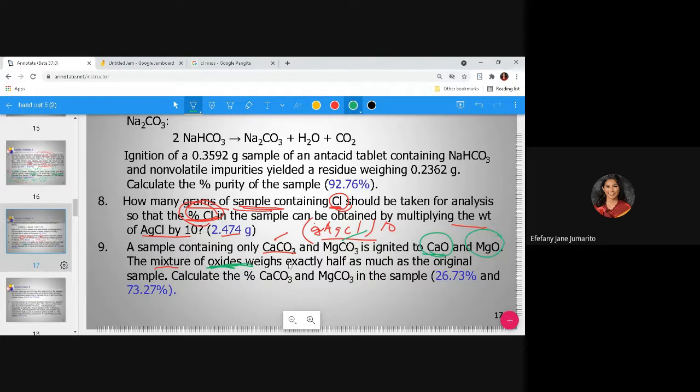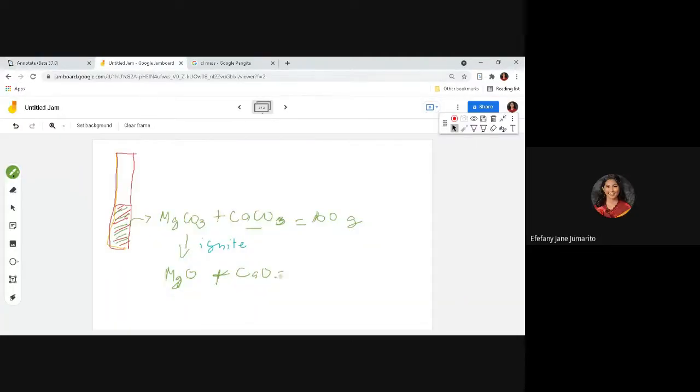The mixture weighs exactly half as much as the original sample. Then what will be the weight of your calcium oxide and magnesium oxide? 50, ma'am. Okay, 50. So that is 50 grams. Okay, so this will be your equation 1.